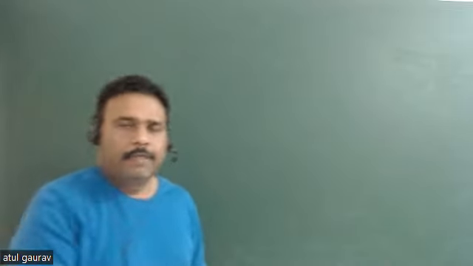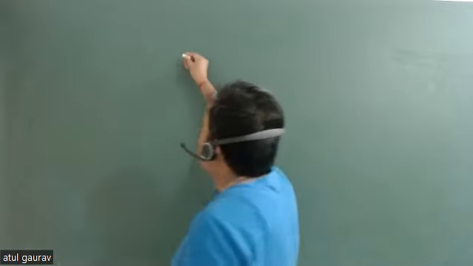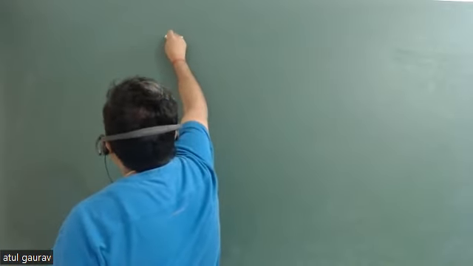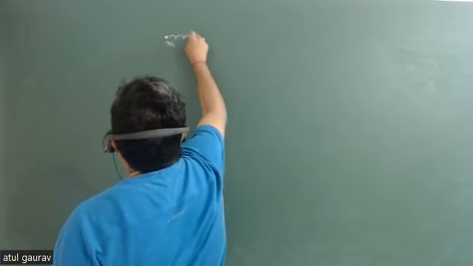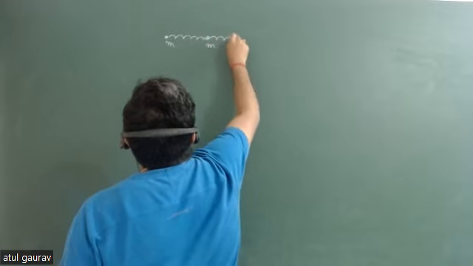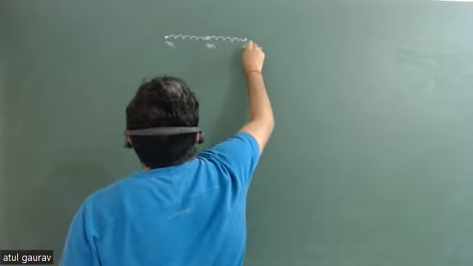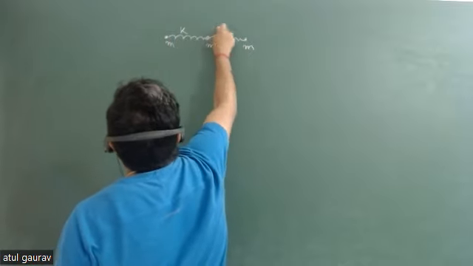I will calculate each and everything so that you can go back to your theory and match it with that particular theory. So I am taking a very simple triatomic molecule. There are three masses, each of mass m, attached by two springs of the same spring constant k.